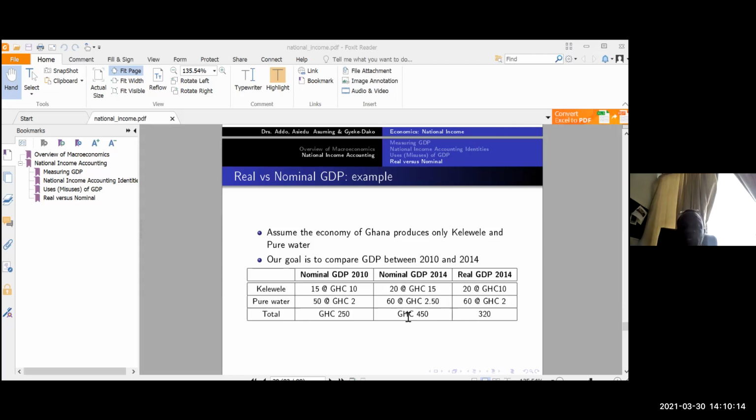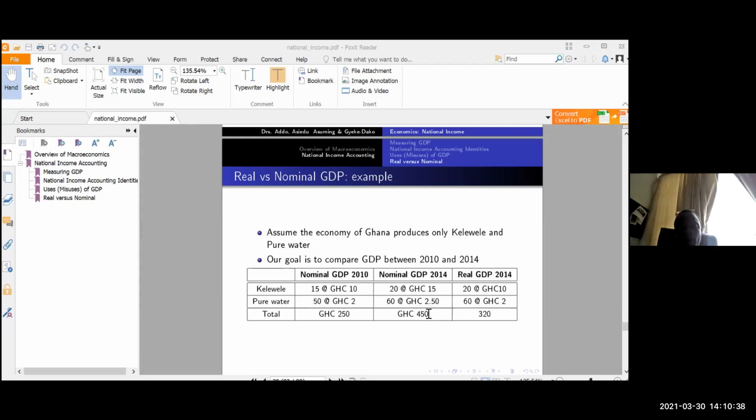The nominal GDP for 2014 is 450. If you were doing that old school analysis, you would say that GDP for 2014 has increased so much, it's almost doubling, almost 200 million more.